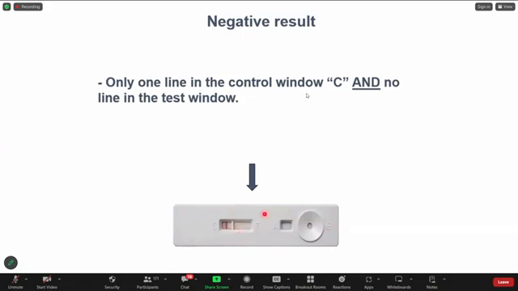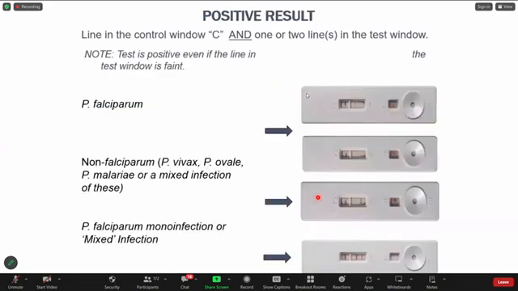So when there is only one line in the window labeled C and no line in the window labeled T, we report that RDT as negative. Then the positive result. The positive result is when there is a line in the window labeled C, the control window, and 1 or 2 lines in the window labeled T. That is the test window.